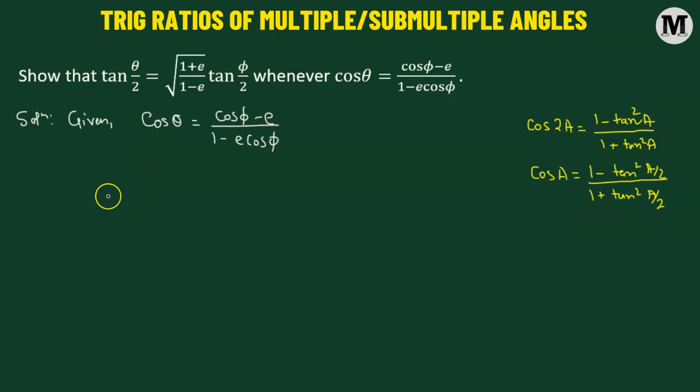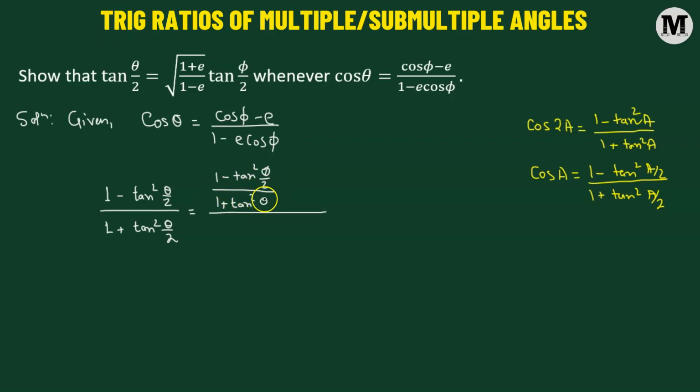So cosine theta can now be expressed as (1 minus tangent squared theta over 2) divided by (1 plus tangent squared theta over 2). That will be equal to, now we have cosine phi minus e in the numerator, so we will express cosine phi in terms of the tangent function. So we have (1 minus tangent squared phi over 2) divided by (1 plus tangent squared phi over 2), minus e.